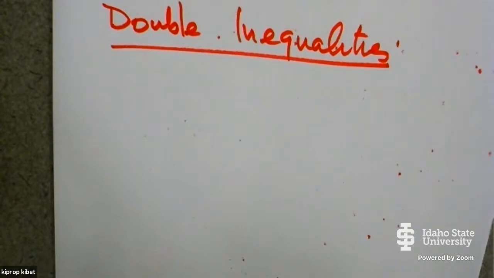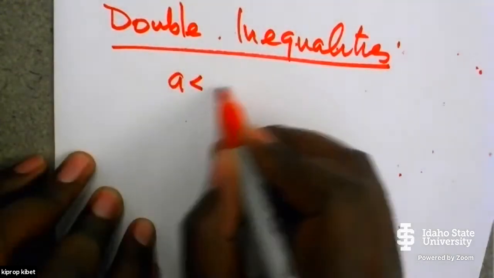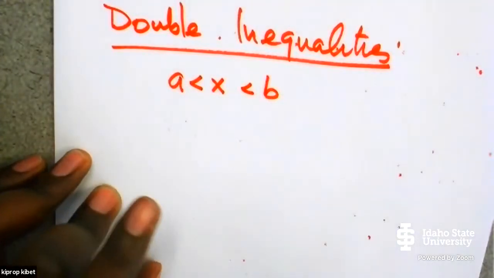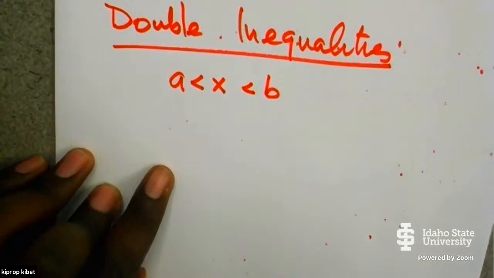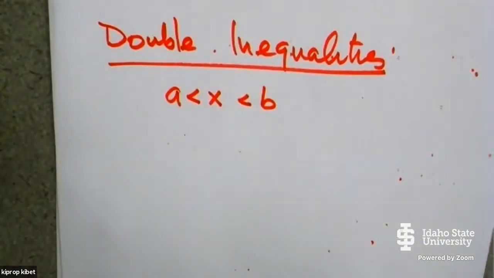So this is a compound inequality such as a less than x less than b. So it is like this. So this is a double inequality. It is of this form: a less than x less than b.